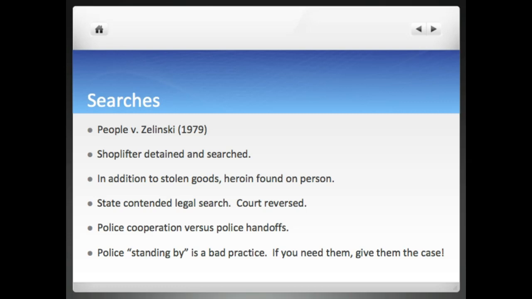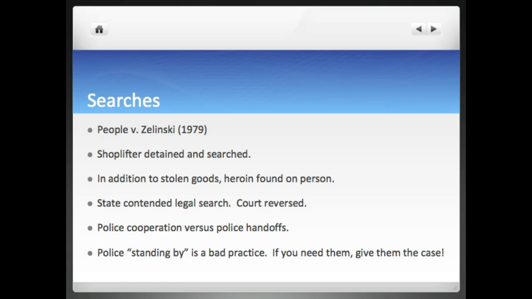So when you ask to search for stolen store property in a civil matter like this, where you weren't going to turn it over to the police, if you find illegal items, then the police need to get an independent search done, and an independent search warrant or consent to search. They can't simply go on the fact that you as a private entity conducted that search.